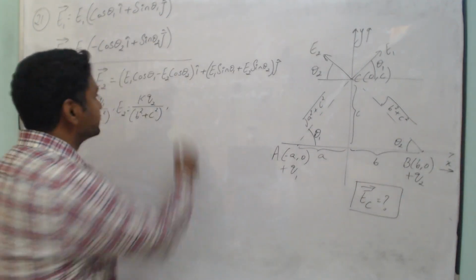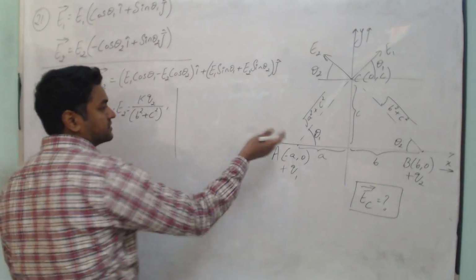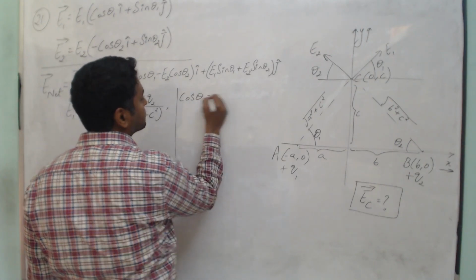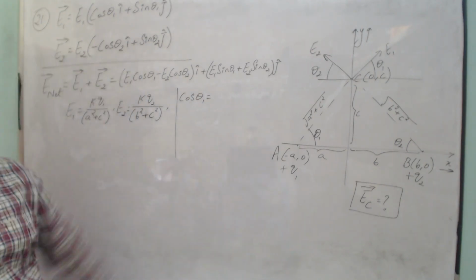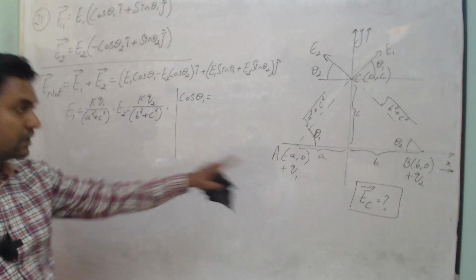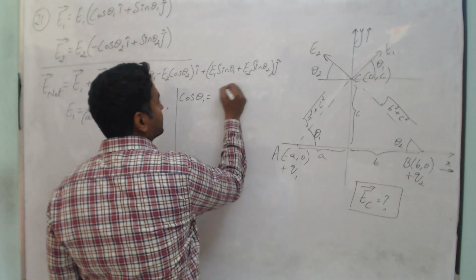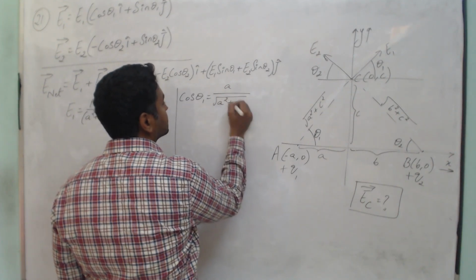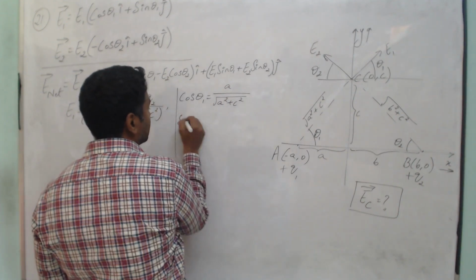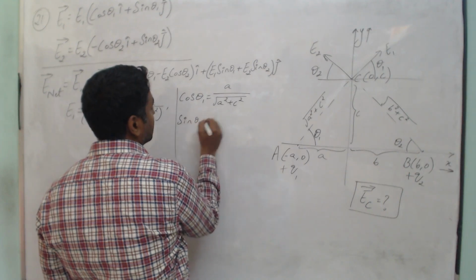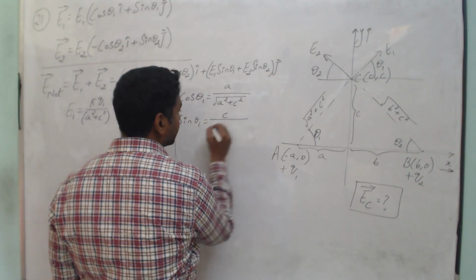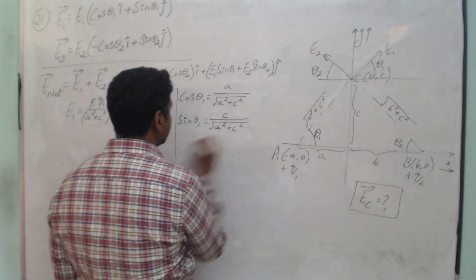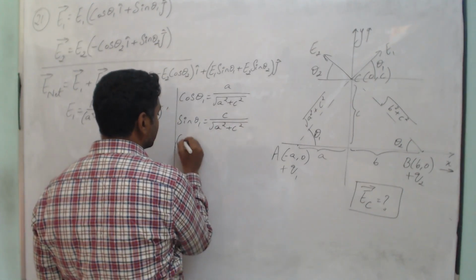So what I am trying to say is that from this figure, we can get cos theta 1. What is cos theta 1? A by under root of A square plus C square. What is sin theta 1? C by under root of A square plus C square. What is cos theta 2?